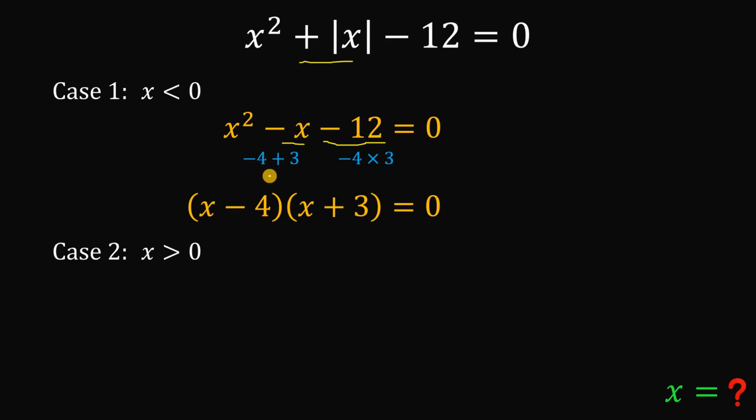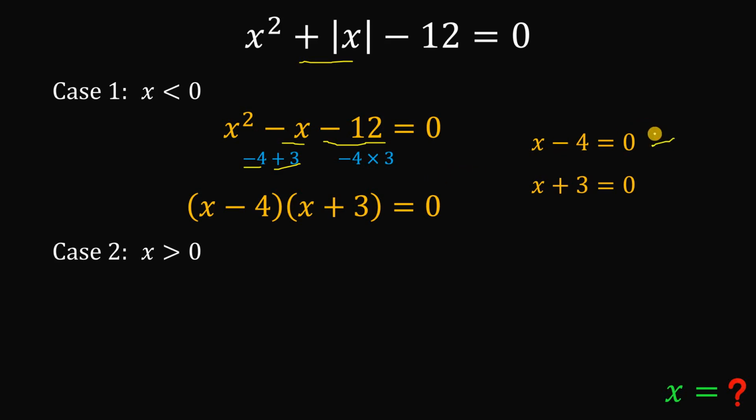We have x minus 4 multiplied by x plus 3. Those are two numbers that when we multiply, we get the constant, and when we add, we get the coefficient of the middle term. And using the zero property, we can say that x minus 4 equals 0, or x plus 3 equals 0. So we can solve for the values of x.